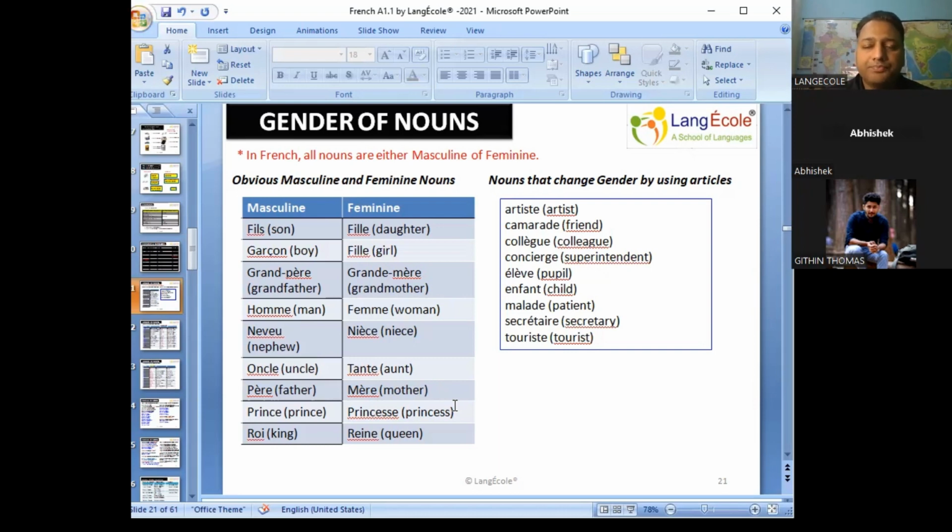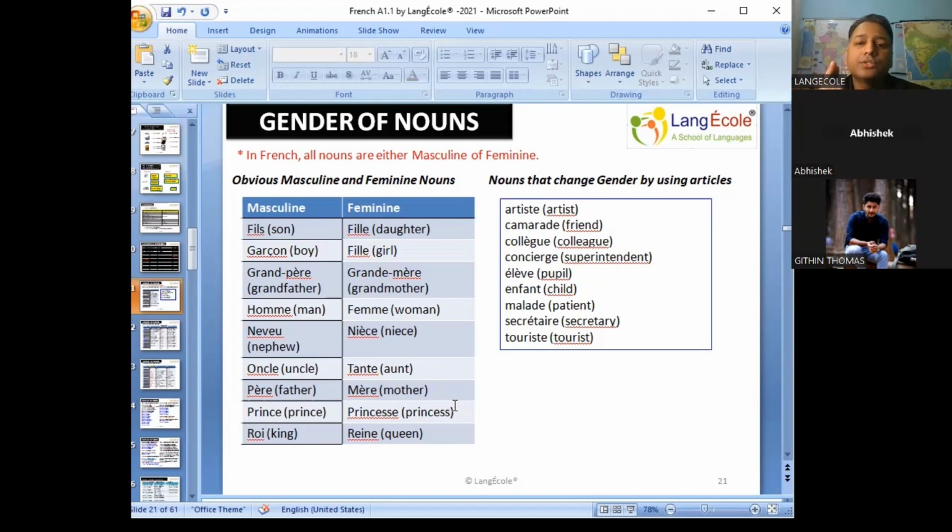Now there are some nouns which basically don't change. The noun remains as it is for masculine and feminine. How can you define it as masculine or feminine in a sentence? You will put a masculine or feminine article before it, and it will define whether that noun is masculine or feminine.